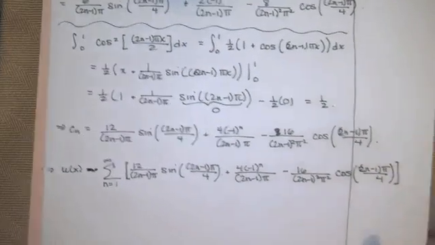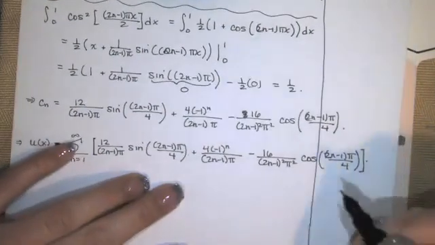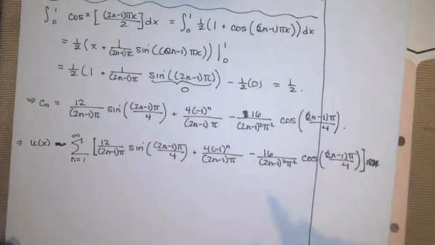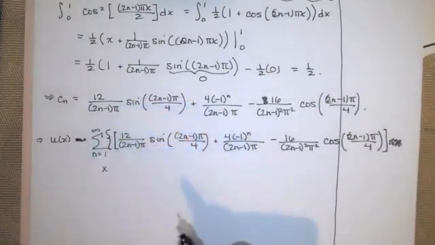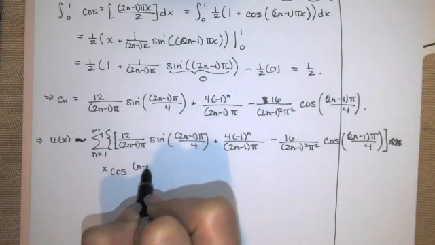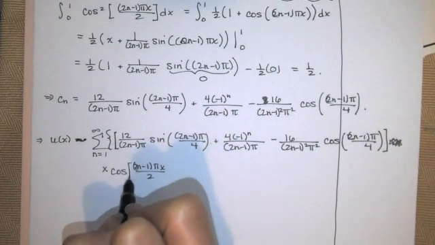Those are our coefficients, and what are they multiplied by? They are multiplied by cosine, times cosine of (2n minus 1) times pi times x over 2.